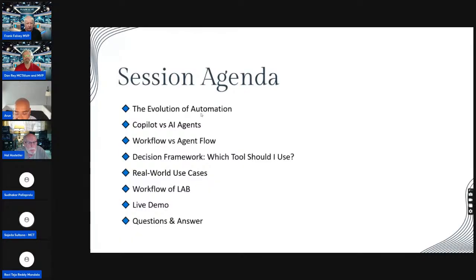Next, we will explore some of the basic concepts: what is Copilot, what is an AI agent, what is the difference between workflow and agent flow, and then we will discuss the framework for when we should use what type of automation. I will show some real world use cases, then I will describe the workflow, then we will go into the live demo.